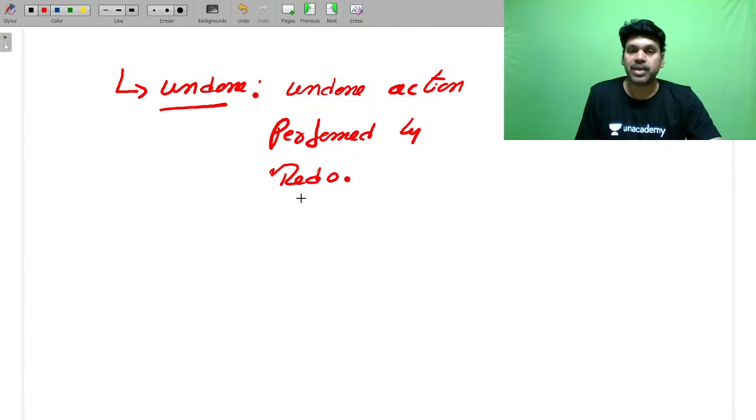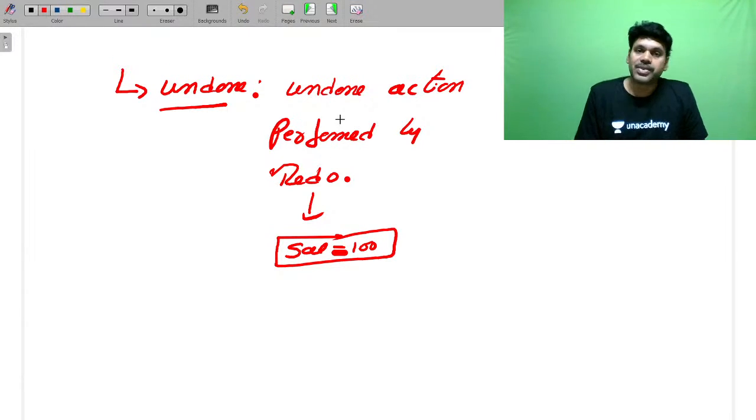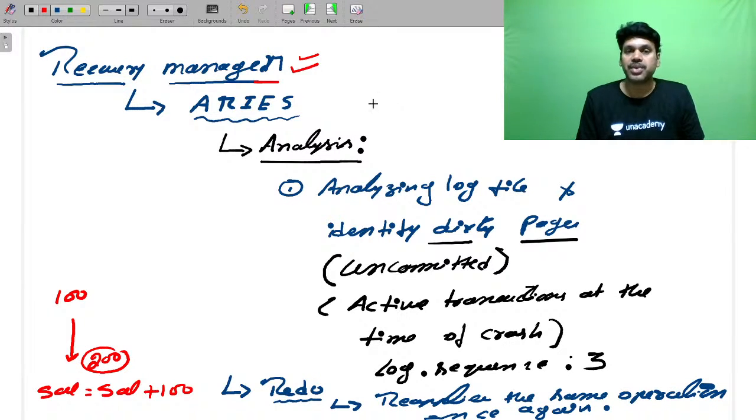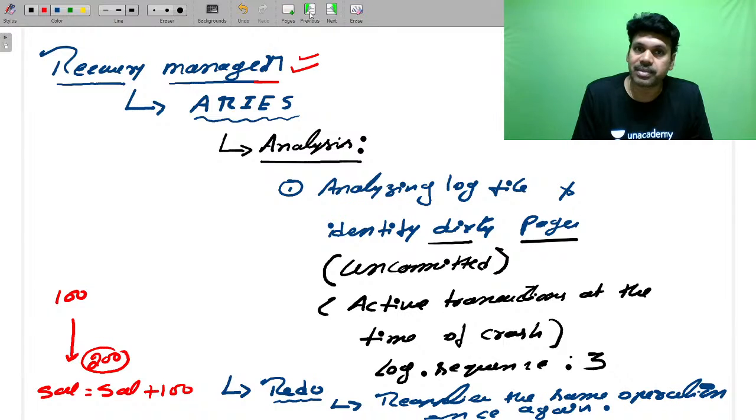So this is how after doing undo, your salary value reached your previous consistent state, that is nothing but 100. So this is how you can recover your database using the three phases of ARIES: analysis, redo and undo, three kinds of states.